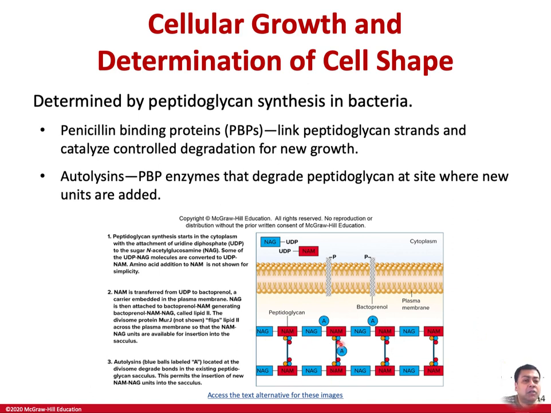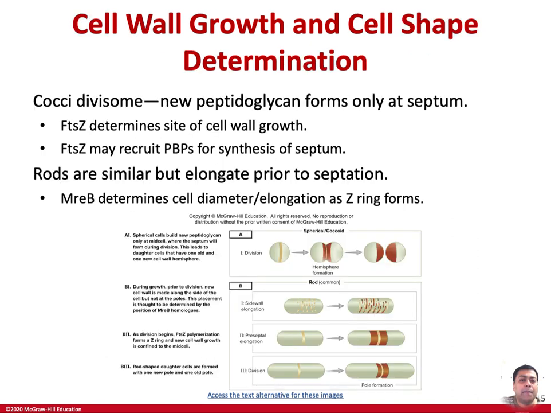So you break up the existing peptidoglycan and then you insert new NAG and NAM, which makes the peptidoglycan, and you also resynthesize the pentapeptide bridges. So this helps the growth of the cell wall.